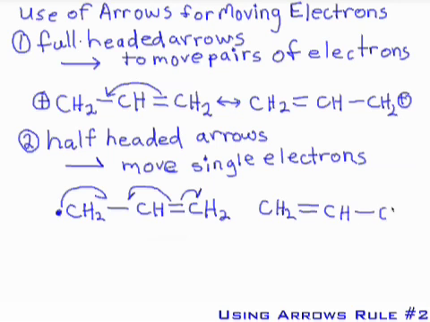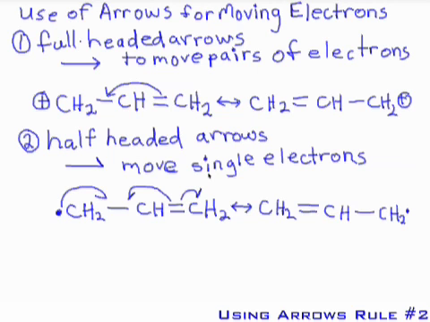And so I moved the dot, if you like, to the other side, just like the positive appeared on the other side. And the arrows just help me figure out how these electrons move. So we use full-headed arrows to move pairs of electrons, half-headed arrows to move single electrons.